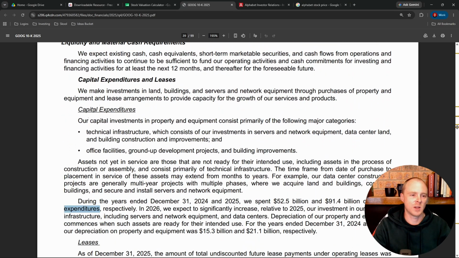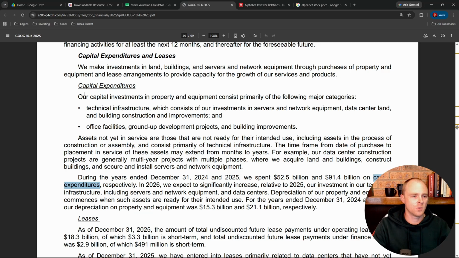we've got capital expenditures. This is the one that we want to have a look at. So our capital investments in property and equipment consist primarily of the following major categories: technical infrastructure, which consists of our investments in servers and network equipment, data center land, and building construction and improvements; office facilities, ground up development projects, and building improvements.